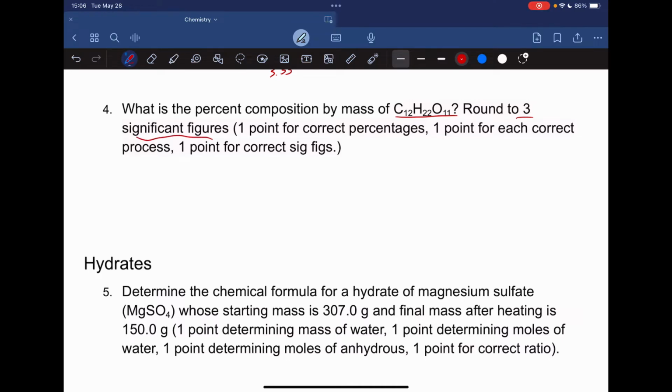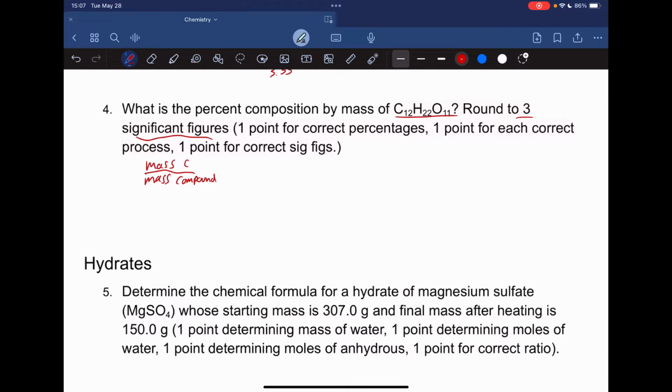How you do percent composition is you need to take the mass of one of the elements, for example, mass of carbon, and divide by the mass for the entire compound. So we need essentially how much mass is carbon and divide by the entire molar mass of the compound.